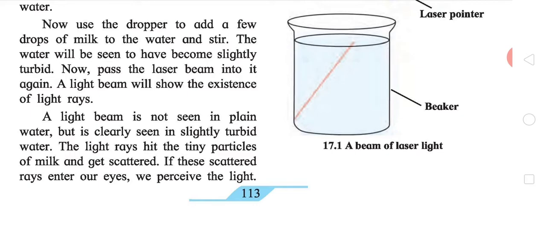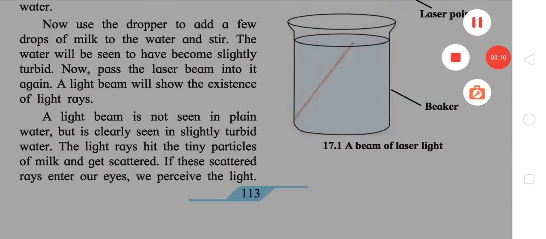A light beam is not seen in plain water, but is clearly seen in slightly turbid water. The light rays hit the tiny particles of milk and get scattered. If these scattered rays enter our eyes, we perceive the light.